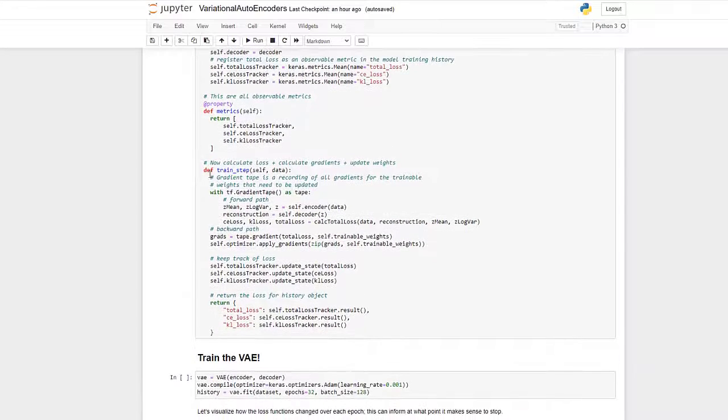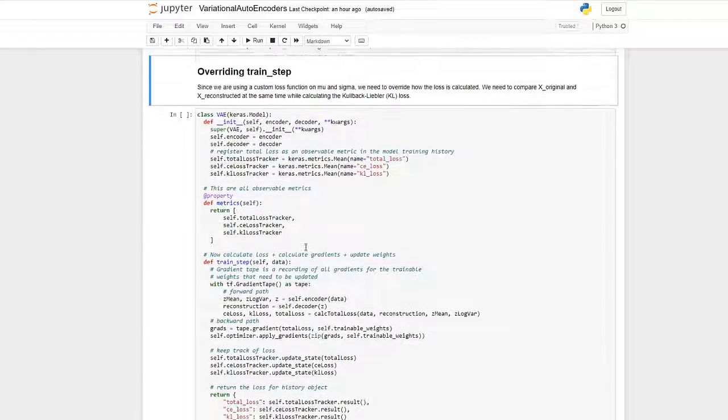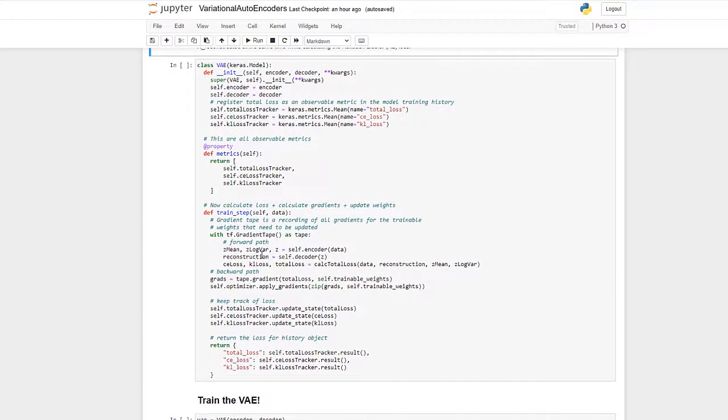And here's where we get to the actual meat of our model, by overriding the train_step function. We use a gradient tape here in TensorFlow to explicitly define how the training works. For the forward pass, we just call self.encoder with the data coming in, and that returns back, as we saw above, the z-mean, the z-log-var, and the z itself. We then construct the reconstructed image by calling self.decoder, and that will give us back our reconstructed images.